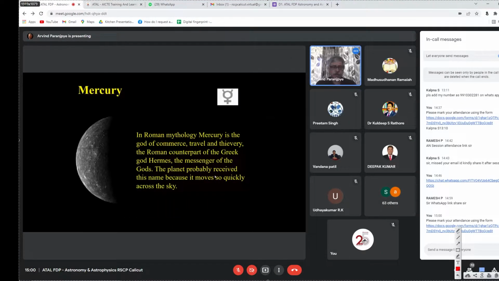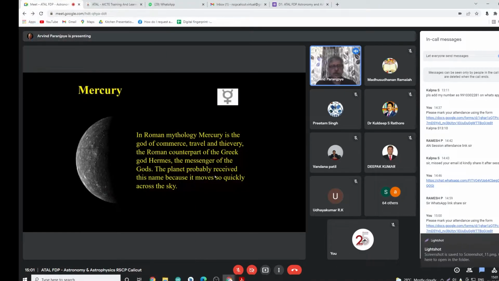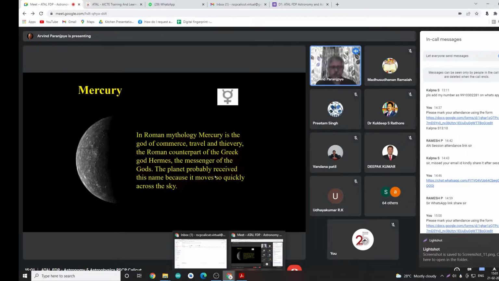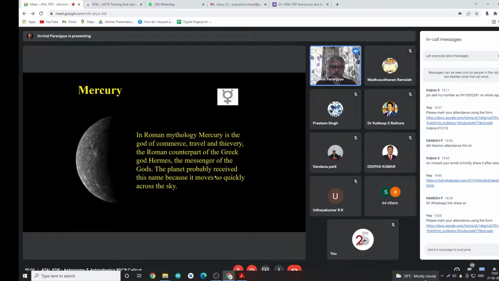So possibly this god, Mercury or Buddha as we call it, seen close to the sun, must have been the god of the travelers and commerce and so on. It moves quite quickly.